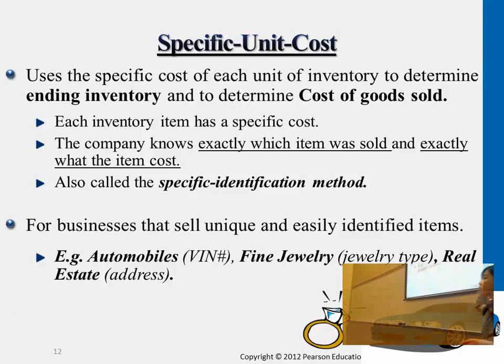Okay, so for these products, usually there is a specific identification number for each and every, let's say each and every Toyota car or each and every Camry model. So even though it's exactly the same model, the dealer should keep track of each and every car's original purchase price. And then when a customer purchases this exact car, they will use the exact purchase price to journalize the transaction.